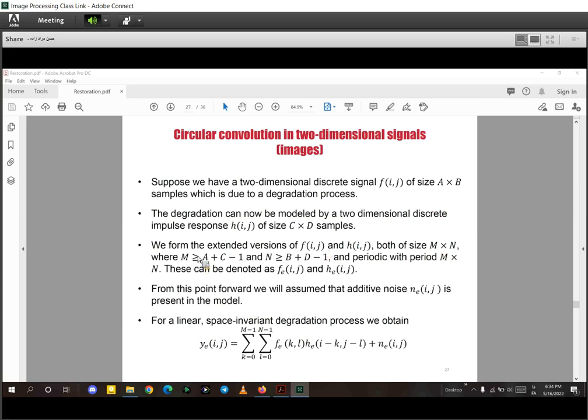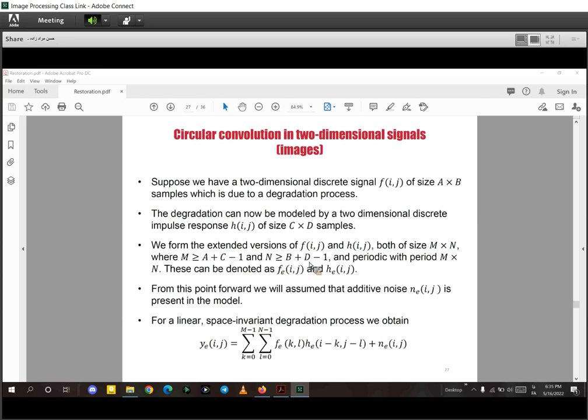Here M is larger than A plus C minus 2, and, no, minus 1, I said minus 2. What was it in the last slide? A minus 1 plus C minus 1 plus 1 because of the 0. That means A plus C minus 2 plus 1, or minus 1.